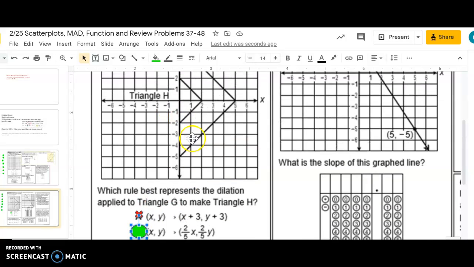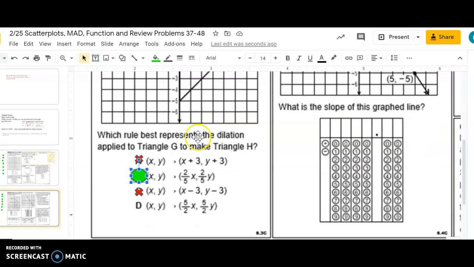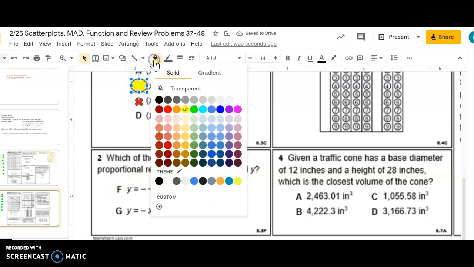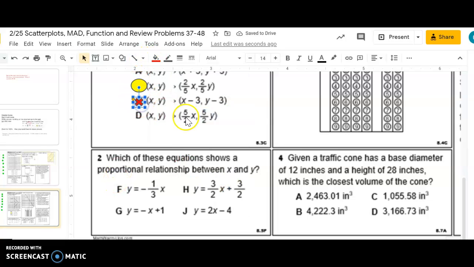Okay. Let's go down to 2. Proportional. Remember that proportional has to go through the origin. And if it goes through the origin, that means it goes through 0, 0, which means it has a y-intercept of 0. This y-intercept of 1 knocks that one out. This y-intercept of 3/2 knocks that one out.